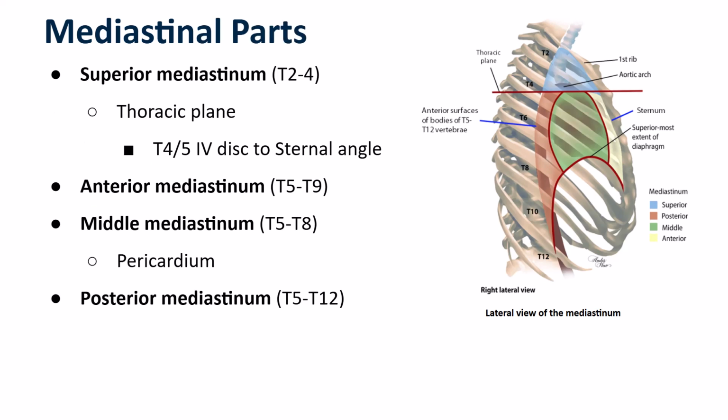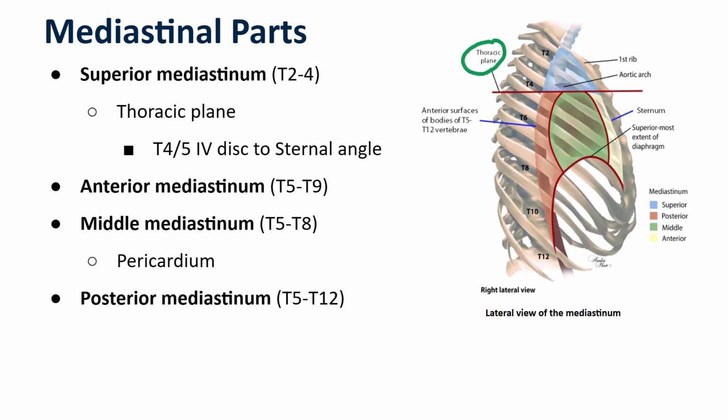And we're going to use some of the thoracic vertebrae as a guide for where we are within the mediastinum. So let's start with the superior mediastinum, and it would be very helpful to then begin with the concept of the thoracic plane.